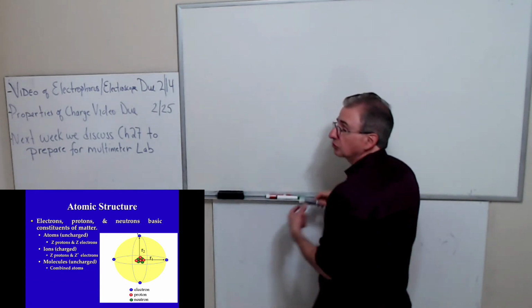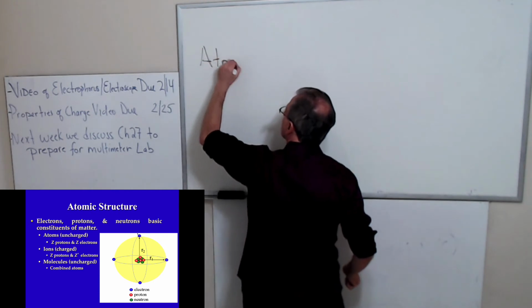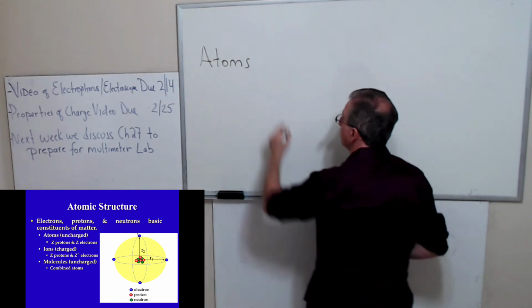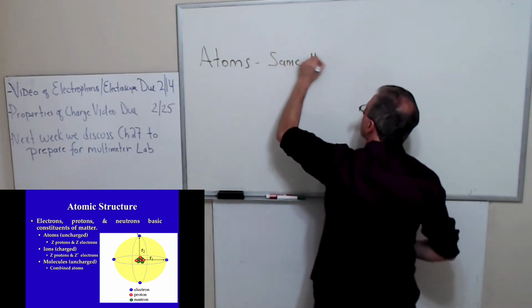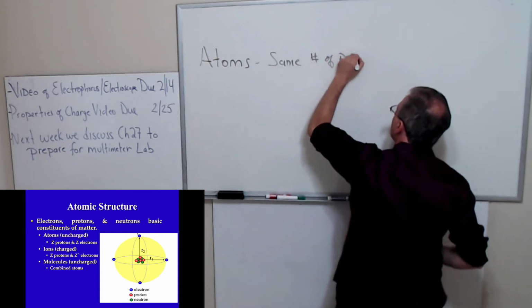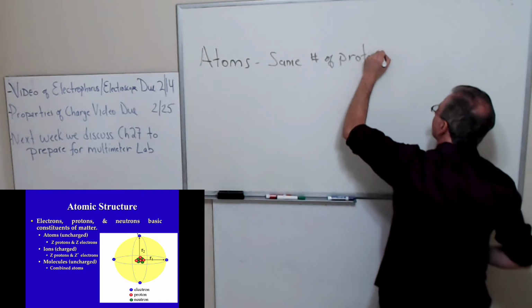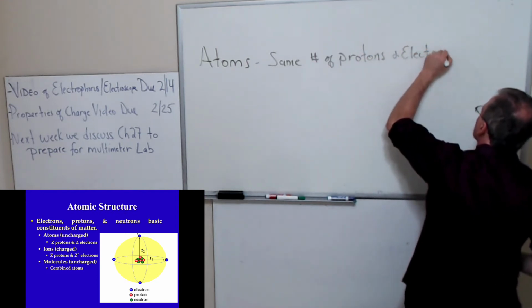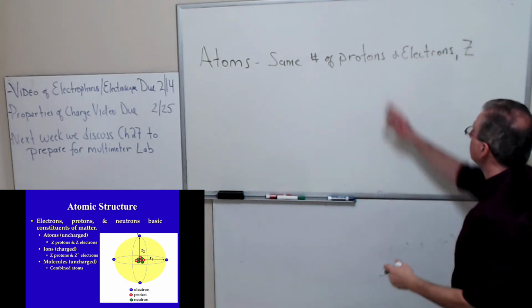So let's look at a neutral atom. They have the same number of protons and neutrons. I'm sorry, same number of protons and electrons. And we'll use the letter Z to denote the number of protons and electrons.